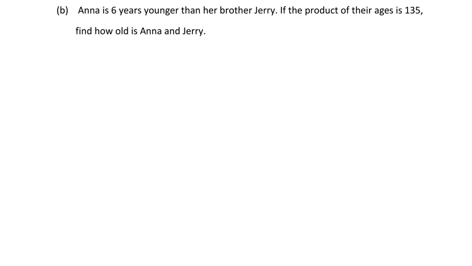Part B of the question. Anna is 6 years younger than her brother Jerry. If the product of their ages is 135, find how old Anna and Jerry are. Okay, so this one is the algebraic problem. Let us assume x equals Jerry's age. Then Anna's age will be x minus 6. The product of their ages is 135. Then we can write this as x times x minus 6 equals 135.